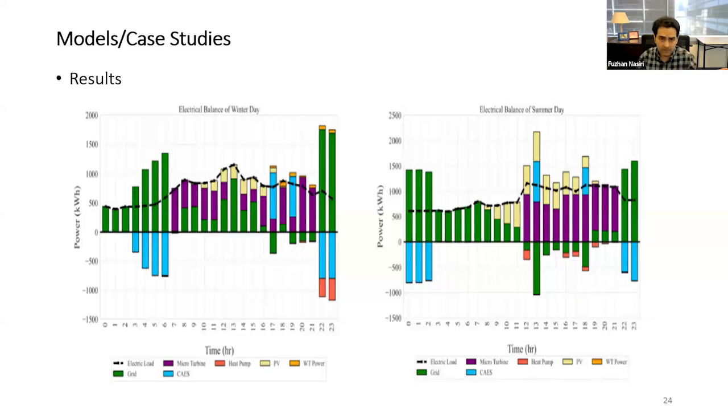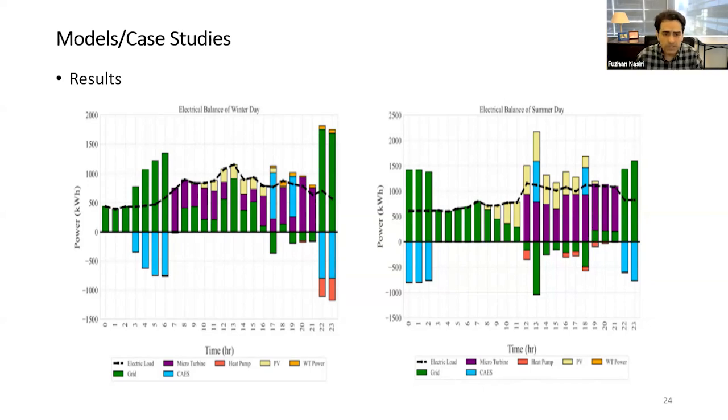So at the left, we do have the way the power system, the electrical system, is working in a particular winter day. So it's done for every single day of the year. And for a particular summer day on the right, we see this one.